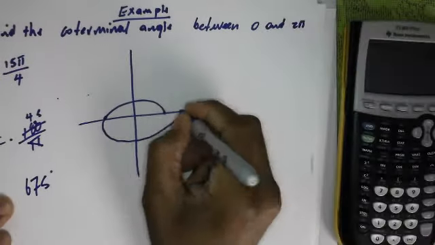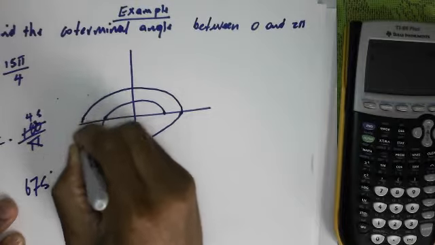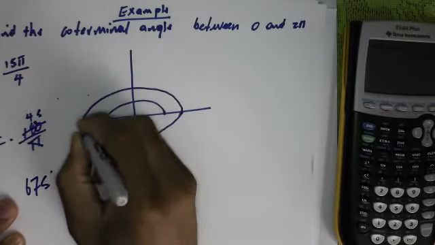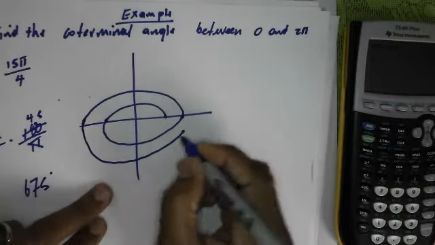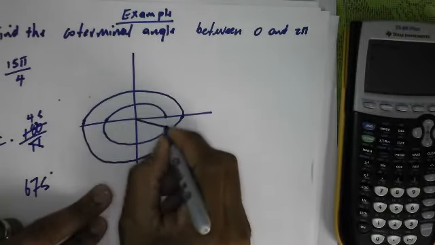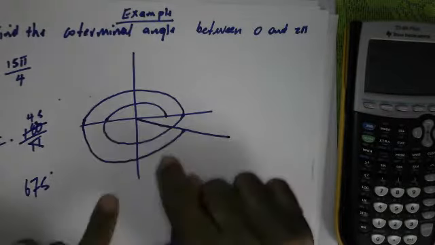So if I come all the way here, that's another 180, and if I come all the way to here, that would be 360. But I don't want it to 360, I want it to 315, so let's say that is my 315. So this is my diagram.